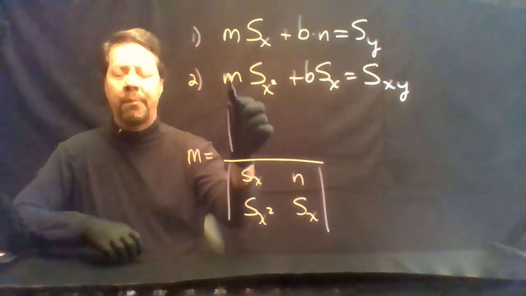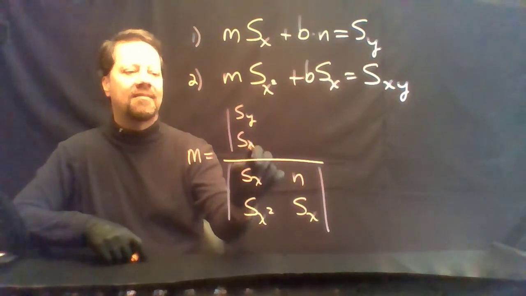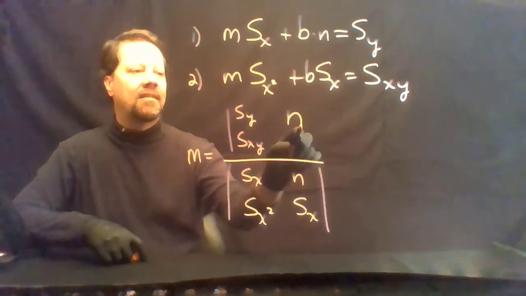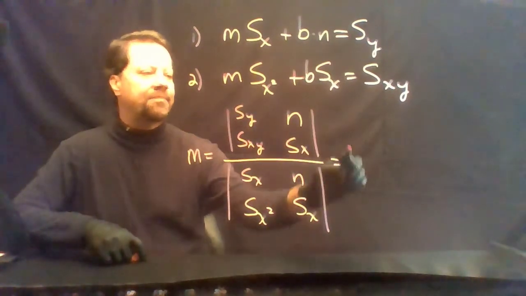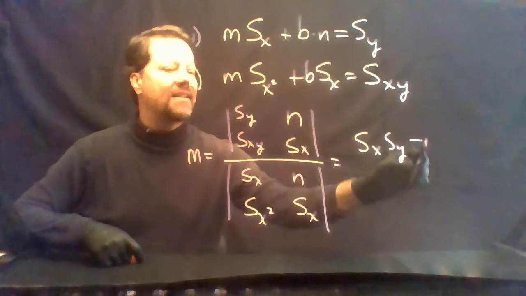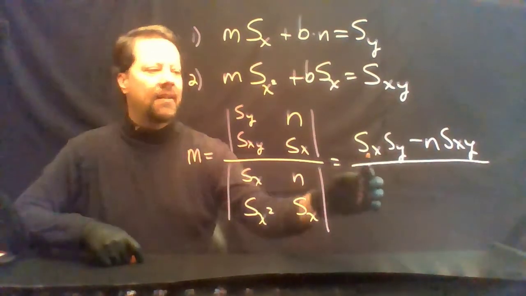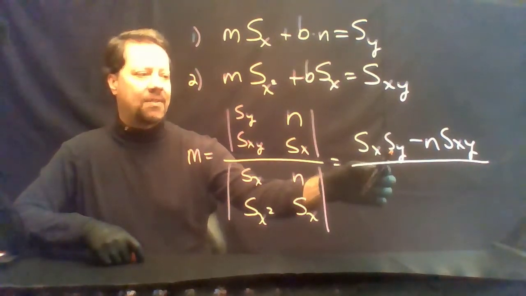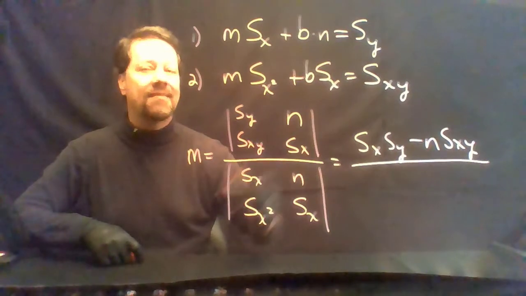In the numerator, we replace m coefficients by right-hand sides. And so we get Sx times Sy minus n times Sxy. Sx is the sum of the x's, Sy is the sum of the y's. That's not the same thing as the sum of the x times y's.